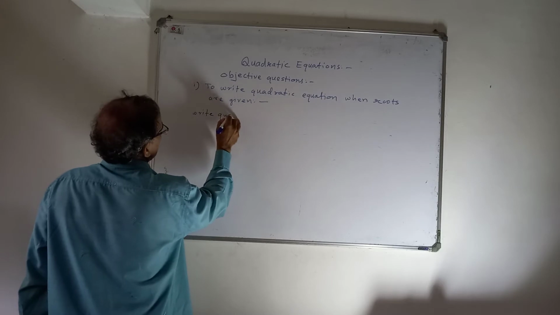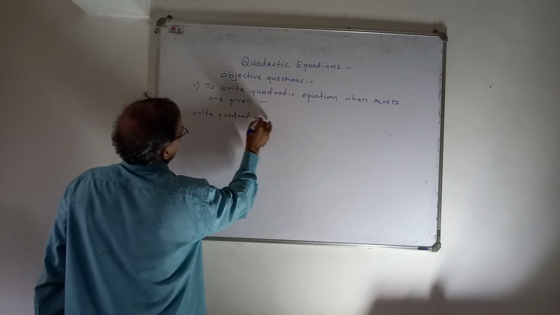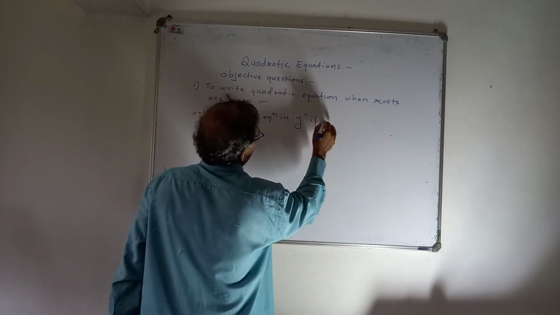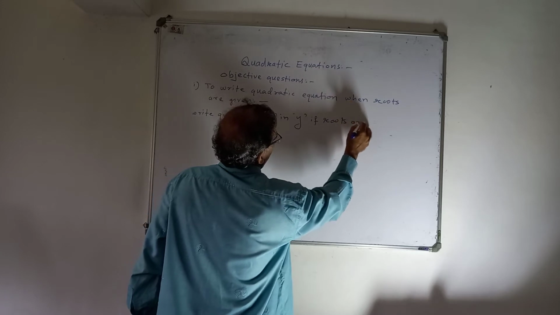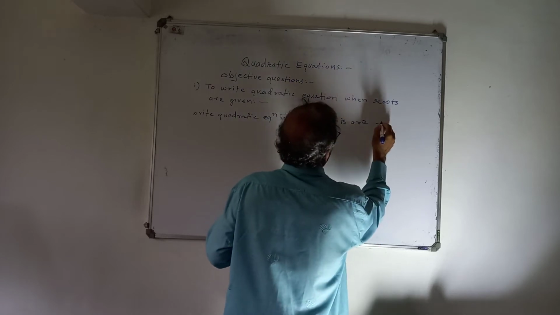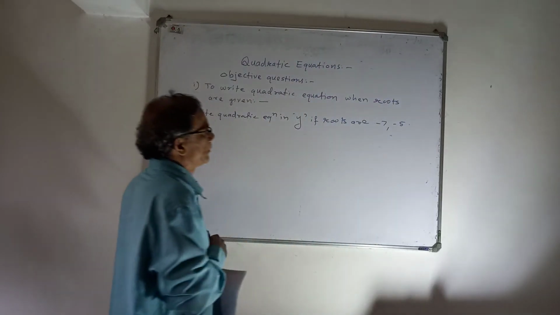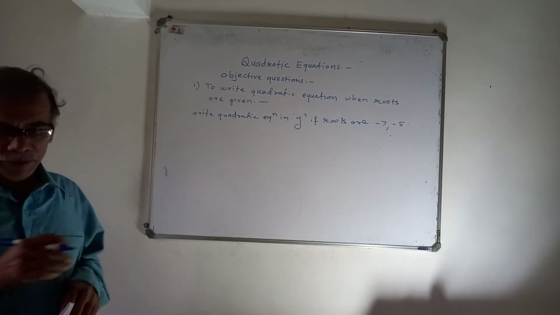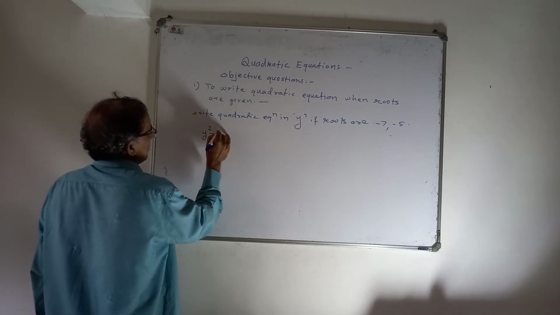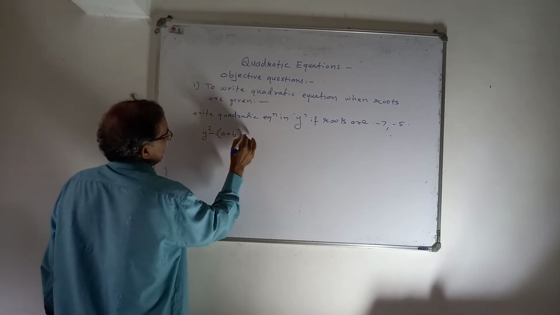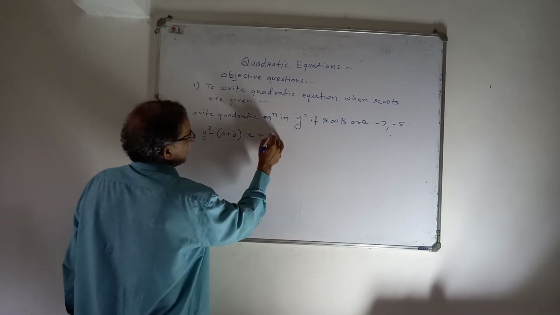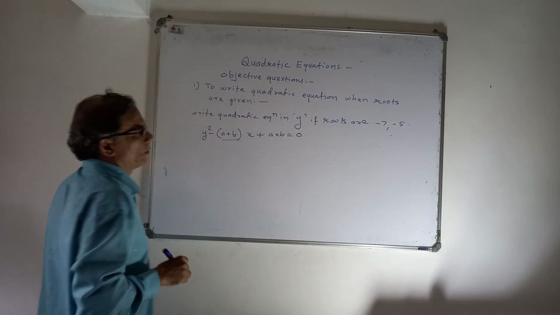Write quadratic equation in y if roots are minus 7, minus 5. So now if you want to use the formula, it is y square now because in y. So y square minus (a plus b) into y, a plus b means it is sum of roots, plus a into b, product of roots, is equal to 0. This is our formula.